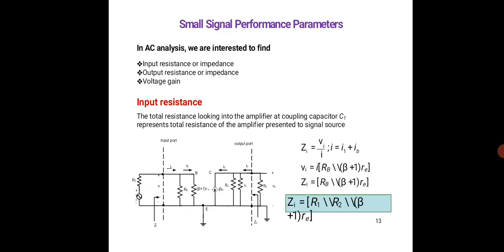It represents the total resistance of the amplifier presented to a signal source. Whenever you represent an impedance, you give it with a Z, and if it is the input, give it i as a suffix. So you have R1 parallel to R2, which is parallel to (beta plus 1) RE.